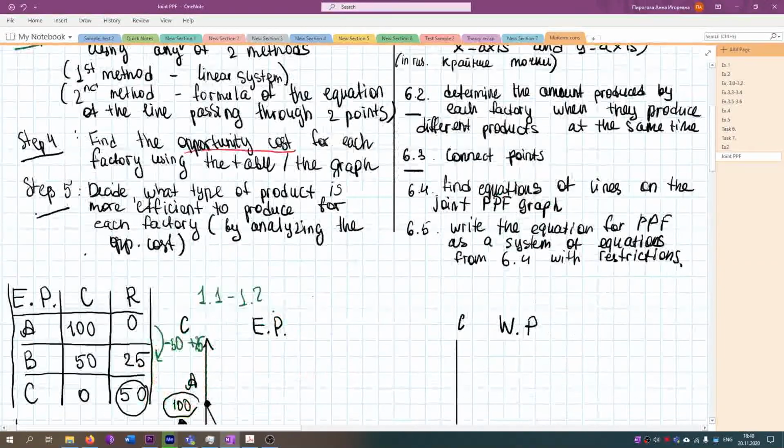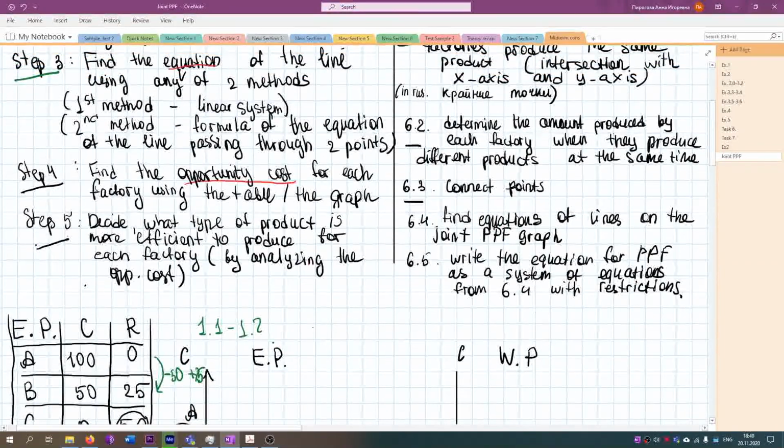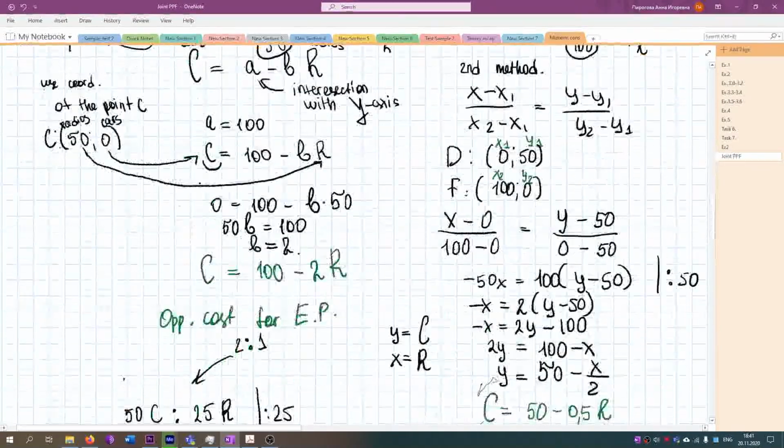And now our final step: we need to write the equation for PPF as a system of equations which we received in the previous step.